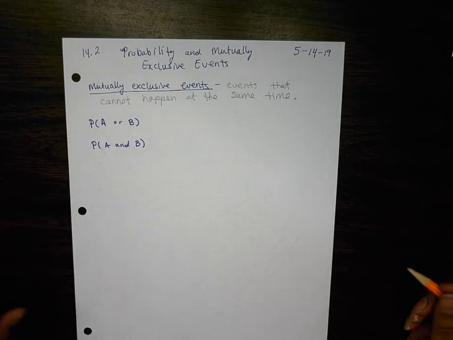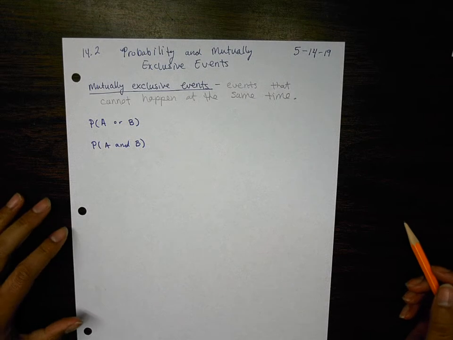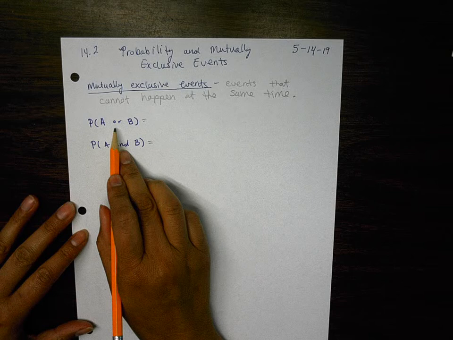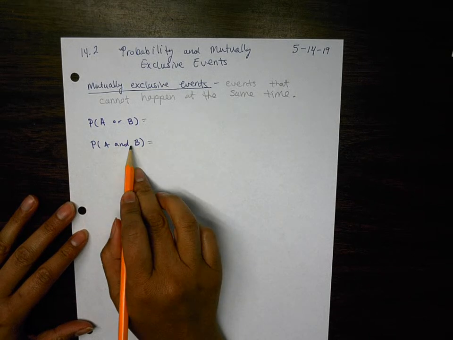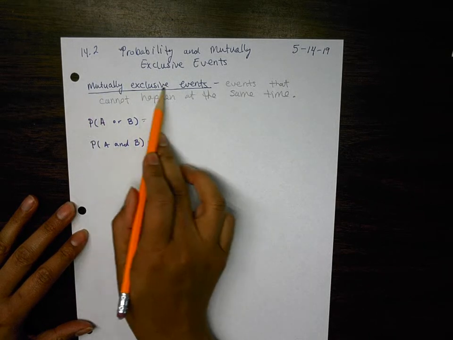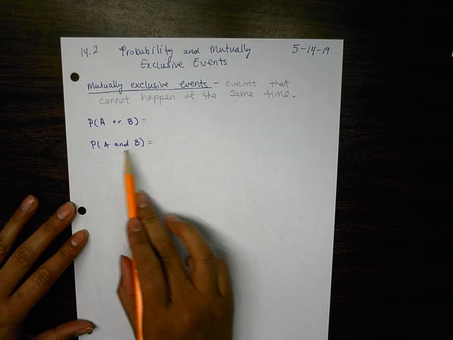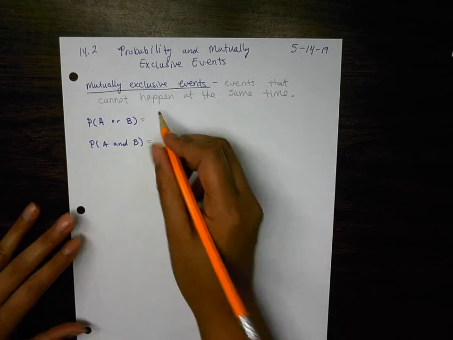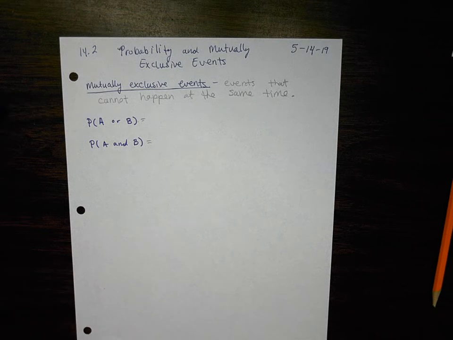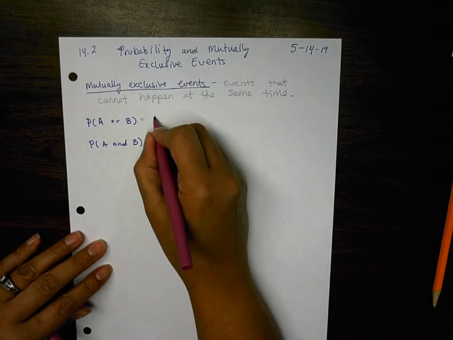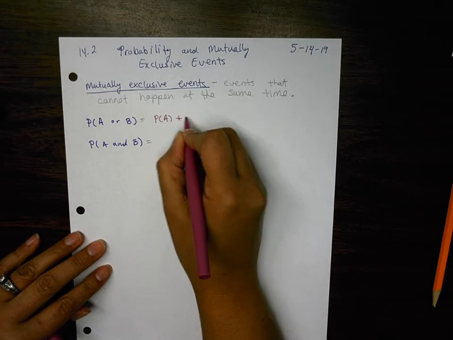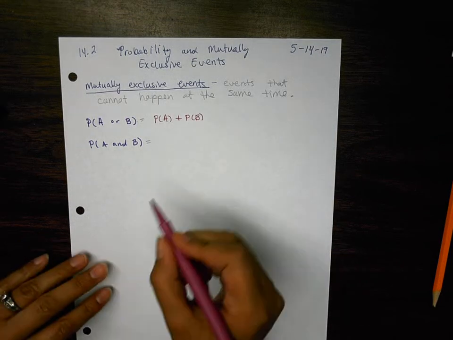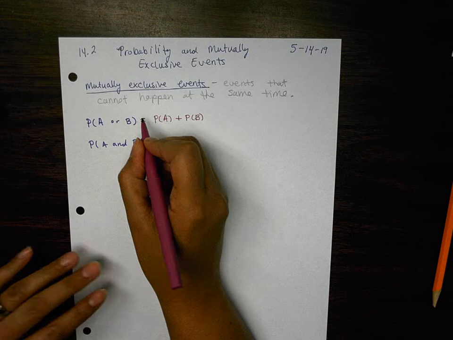Again, this is when A and B are what type of events? If A and B are mutually exclusive, the probability of A or B happening equals P of A plus P of B.